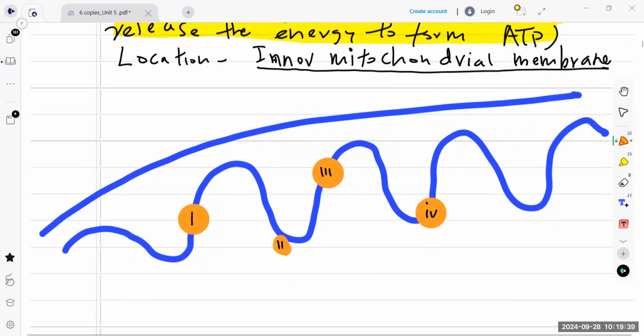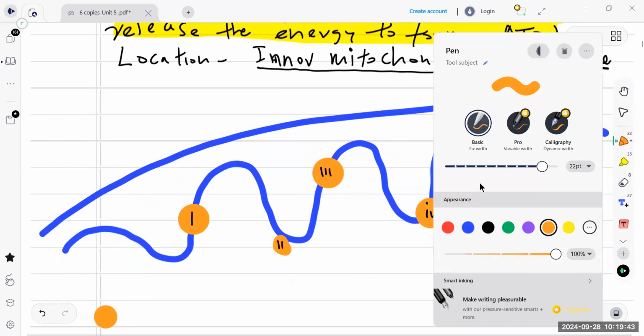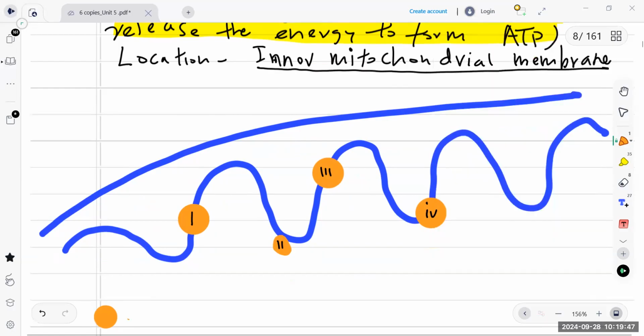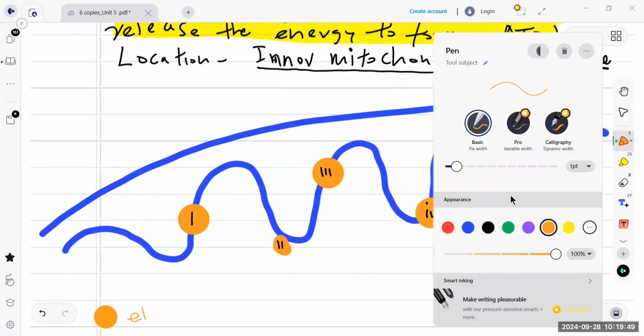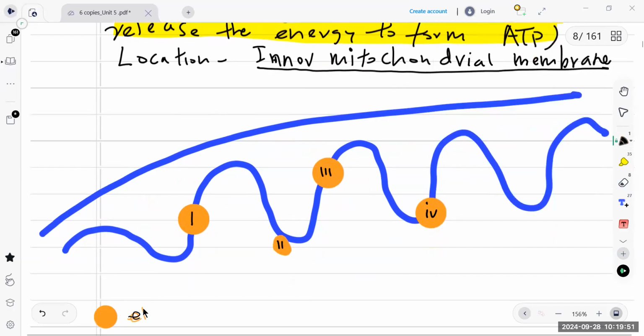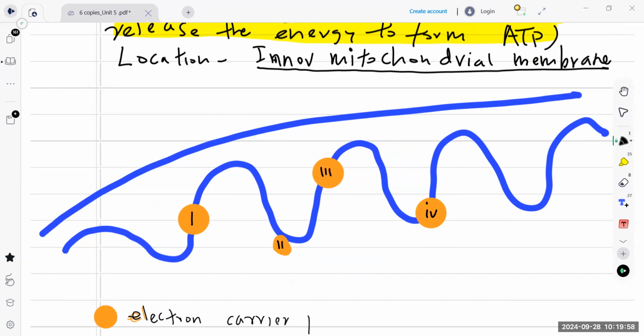These are called electron carrier proteins 1, 2, 3, and 4.